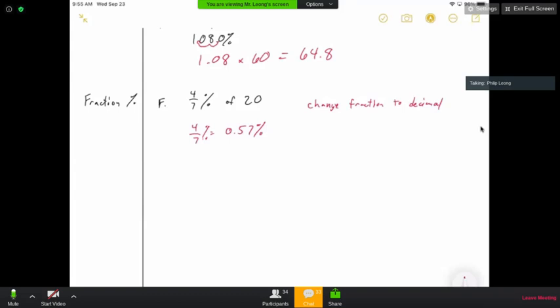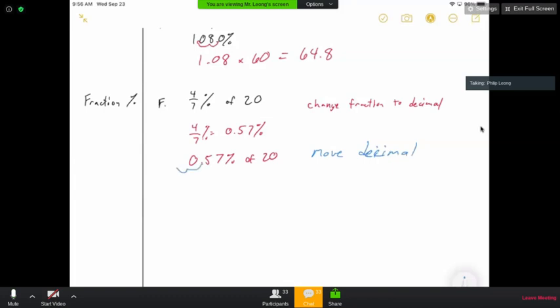So now I just do it like a regular problem. Now it's 0.57% of 20. I have to move my decimal 2 places, right? Now it's just going back to the other problem. So the first step was to change the fraction into a decimal, and then you do it like normal. So now I'm going to move my decimal. 1, 2.